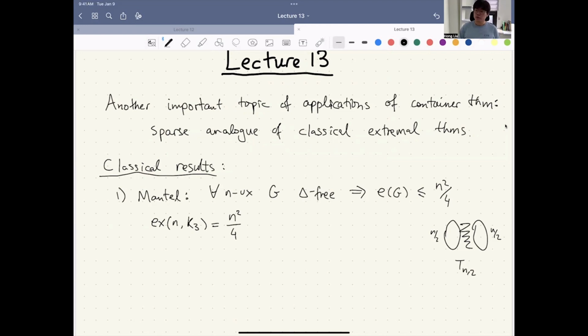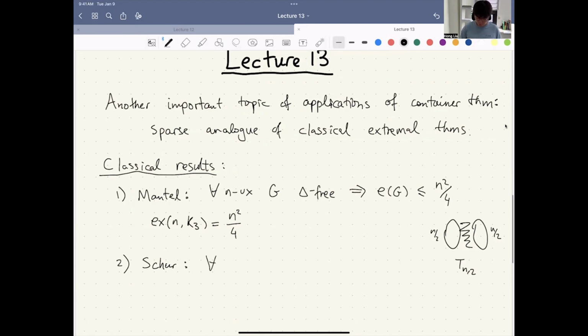Another classical one is the Ramsey type. This is Schur's theorem. Schur's theorem says that if you finitely color, so for any number of colors r, there exists a sufficiently large n such that when you color the edges of the complete graph Kn with r colors, then we necessarily would see a monochromatic copy of a triangle.